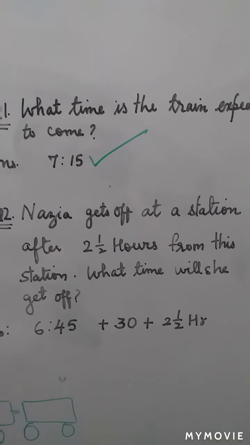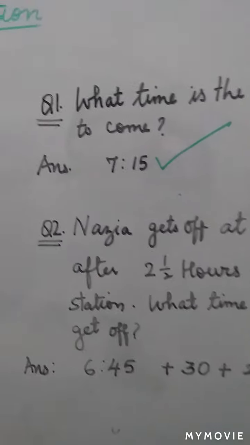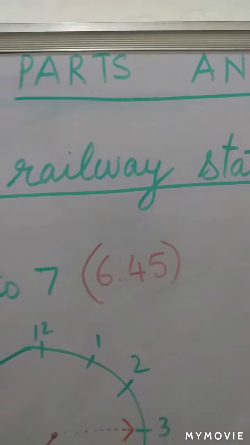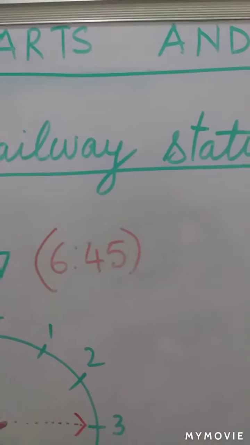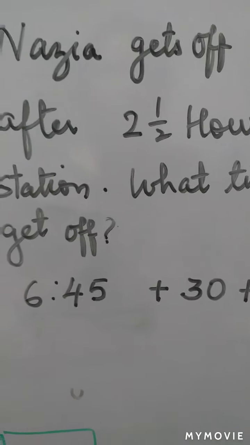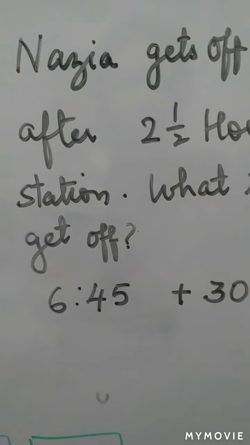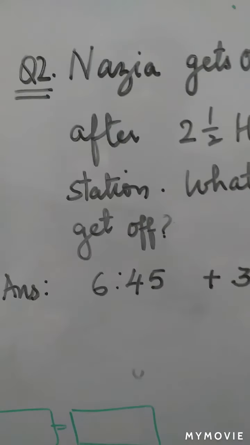Now if the train was on time, that is 6:45, quarter to 7, that is the right time, then she would have got off from the train after 2.5 hours of journey.